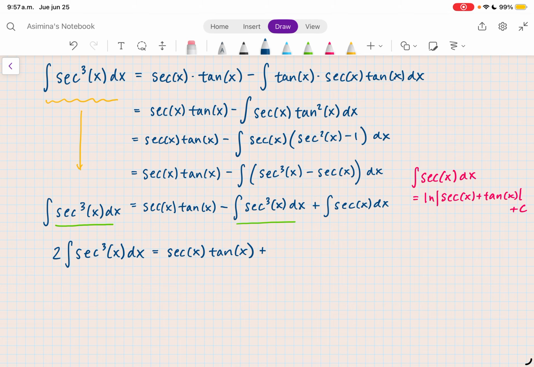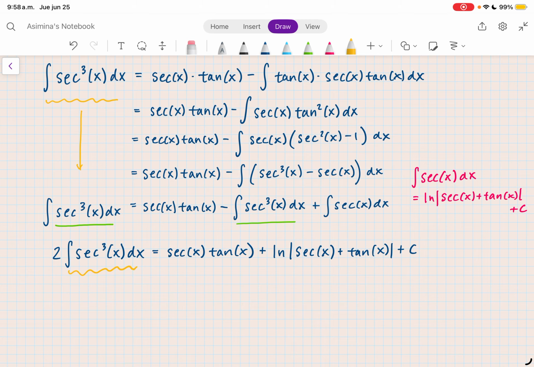So this is plus the natural log of secant of x plus tan x plus c. So if I want to solve for my secant cubed, I want to isolate that.